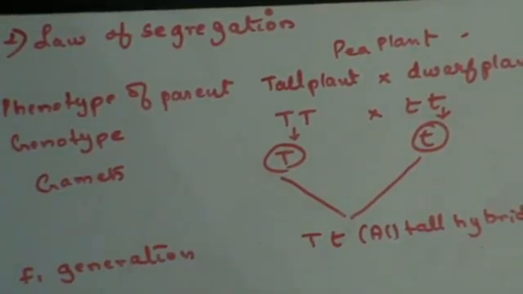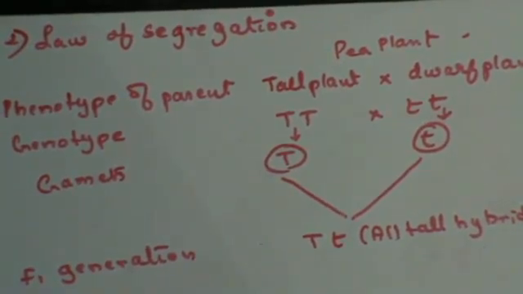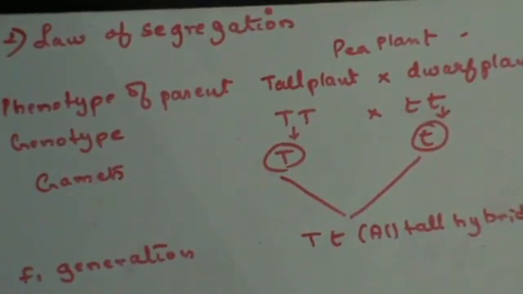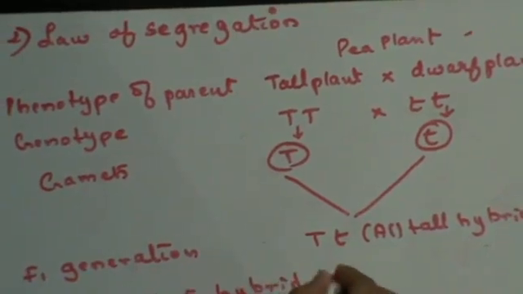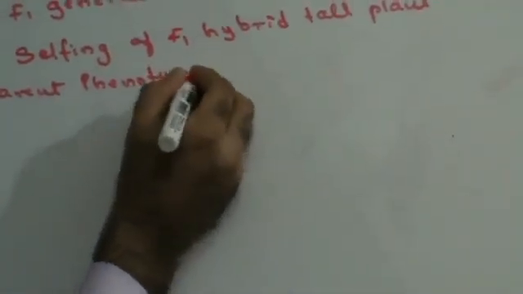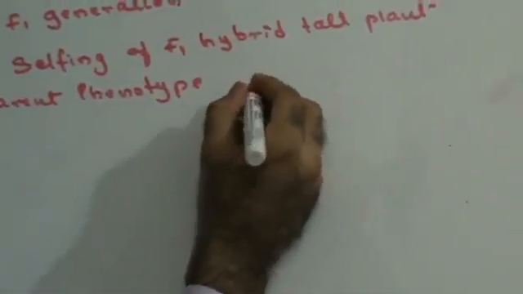Right? Now, let's do selfing of F1 hybrid tall plants. So in this case my parent phenotype is going to be F1 hybrid tall.